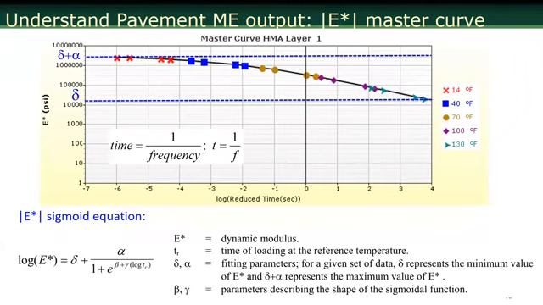Now, let's look at what alpha and delta mean in this equation. If you look at the dynamic modulus master curve, delta corresponds to the minimum possible modulus.